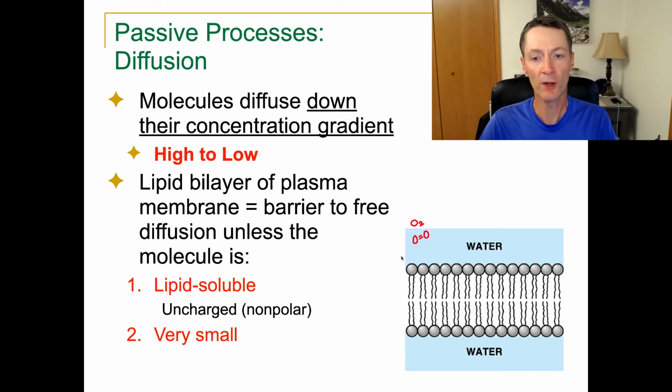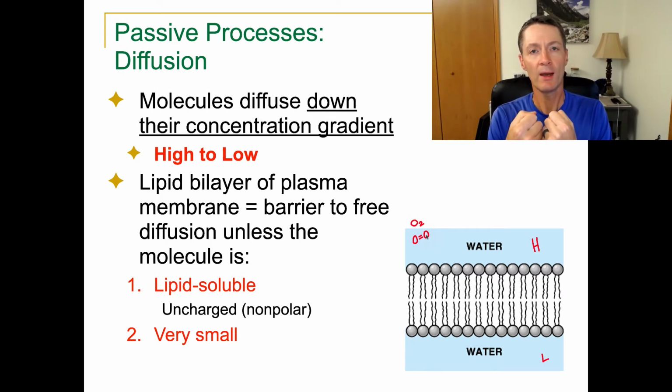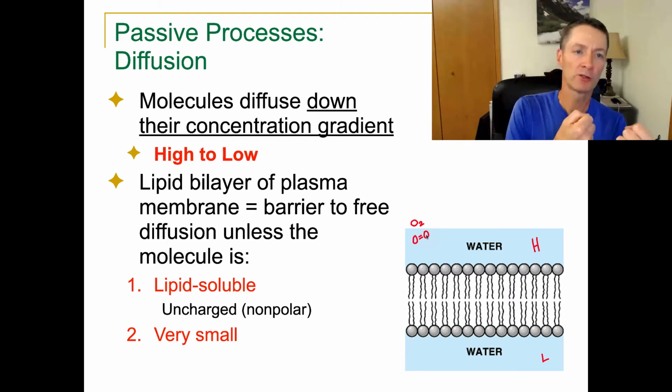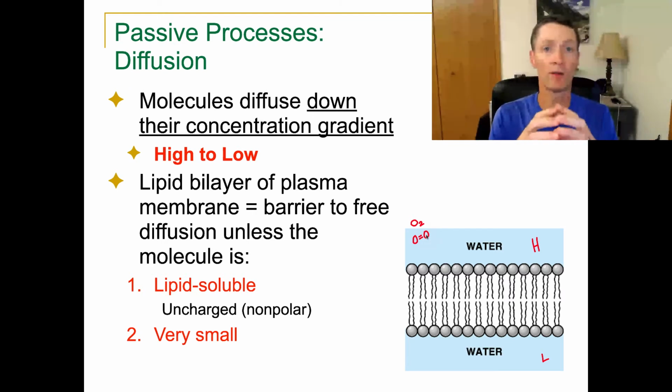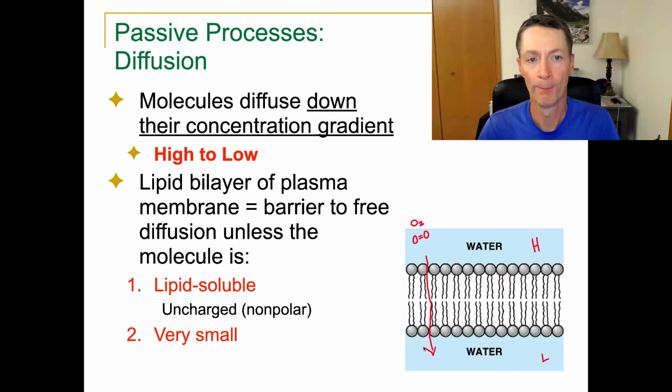Oxygen will naturally want to move from high, I'll put H for high concentration here, to low on the other side. Guess what? Oxygen and oxygen, warring for electrons, are going to have nonpolar covalent bonds holding them together. They are not going to have more charge for those electrons on one side than the other. They're going to be making a fairly uncharged situation.